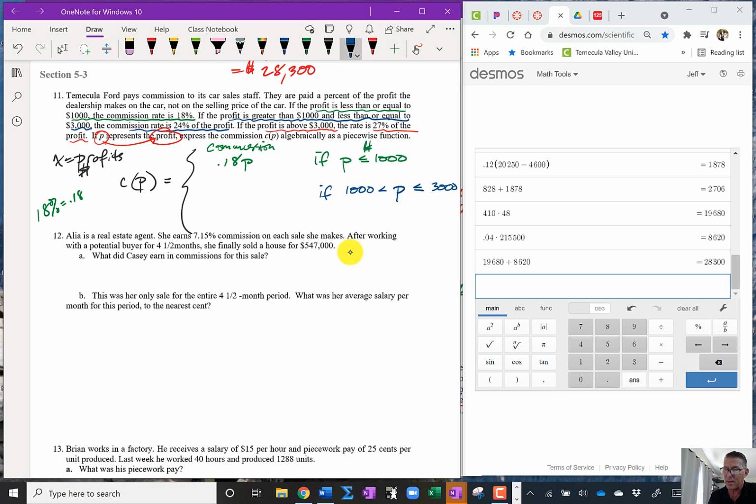Last one, if the profit is above 3,000, so if P is greater than 3,000, the rate is 27%, and 27% is equal to 0.27, so it's 0.27 times the profit. You're always going to multiply the percentage times the profit to get the commission. Simple multiplication, believe it or not.